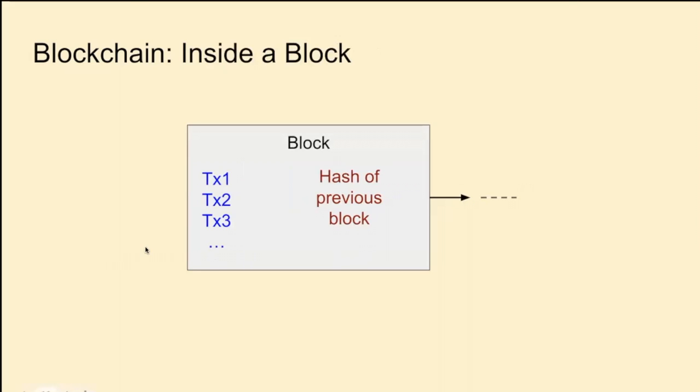And of course, if it were done like that, it would not be terribly secure. So one of the keys to how blockchains are made secure, and in particular, how they're made resistant to tampering or modification of information once it goes into the chain, is that inside each block, in addition to the transactions associated with that block, there's a hash of the previous block.